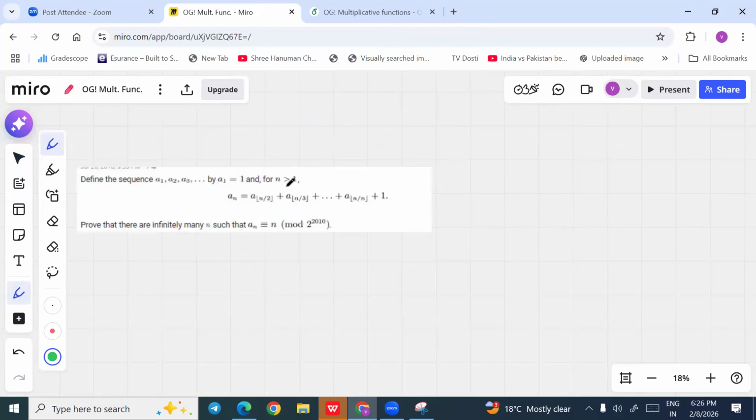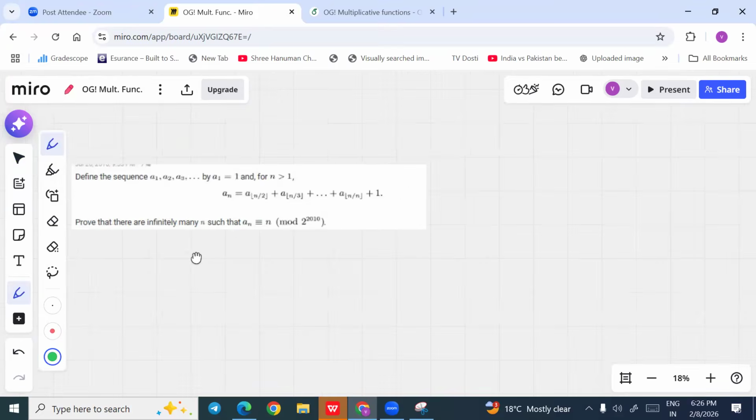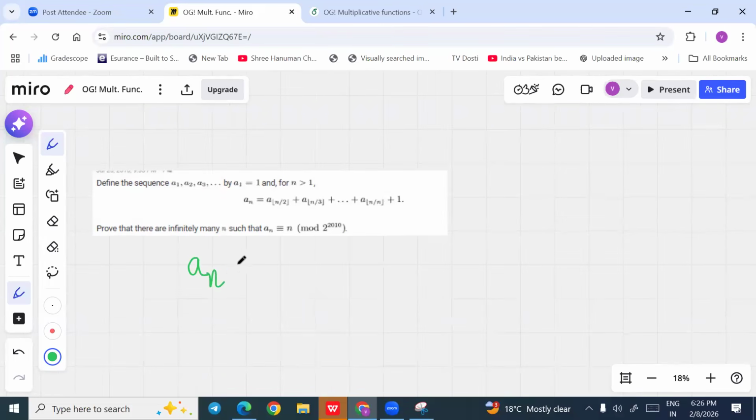So there's a pretty standard and good idea. Every time you have some recurrence in which n by 2, n by 3 all appear together at once, you always just try to look at the difference of consecutive elements of the sequence. So what you would like to do is look at this a_n minus a_{n-1}, because this is very useful in such problems. This is the summation of a_i times f of n by i.